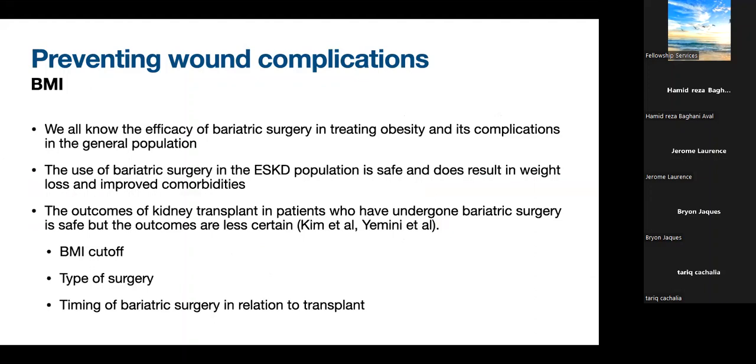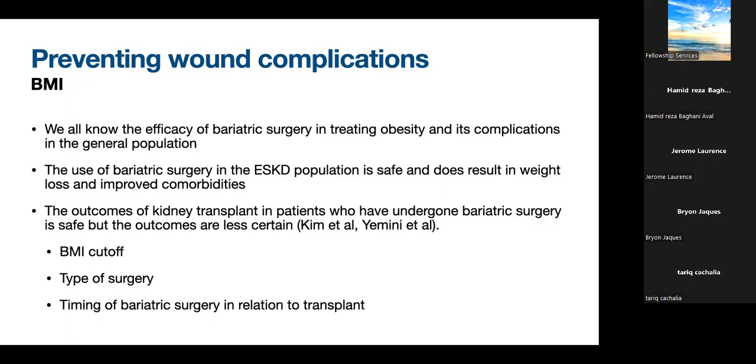We all know that bariatric surgery is efficacious in treating obesity in the general population, and it's the most effective method of weight loss and of preventing and treating some of the complications related to obesity. But its use in the kidney disease and transplant population is a little bit less certain.